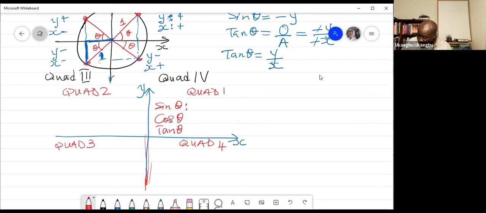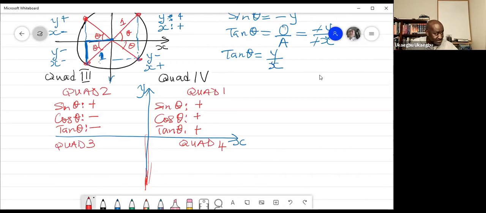In the first quadrant, all of them are positive. In the second quadrant, sine theta is positive, cos theta is negative, and tangent theta is also negative.